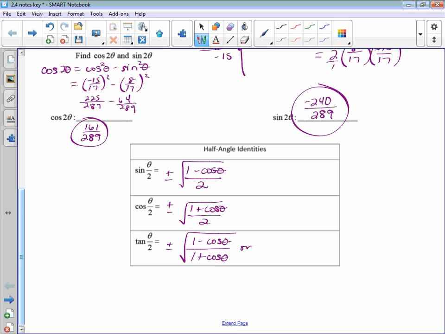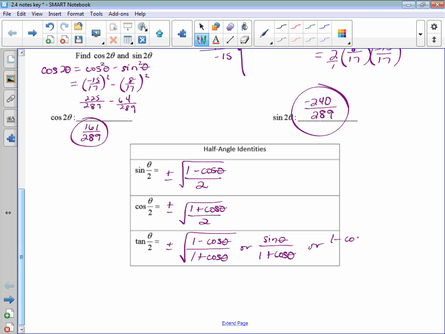You have other options for the tangent of theta over 2, okay? We also have sine theta over 1 plus cosine theta. No square root in that one.